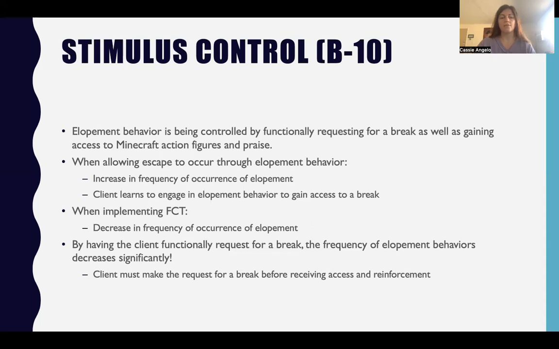So by having the client functionally request a break, the frequency of his elopement behaviors decreased significantly. So the client must make the request for a break before receiving access to that reinforcement. And that's everything. Thanks for watching.